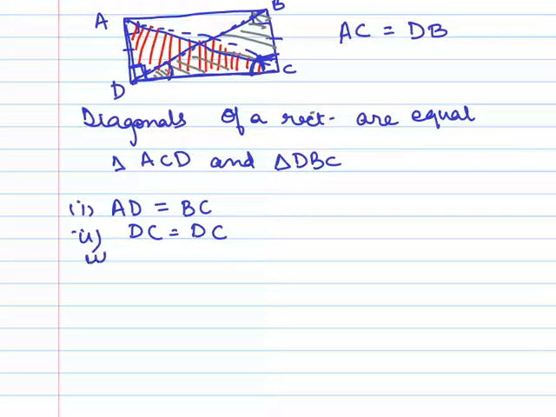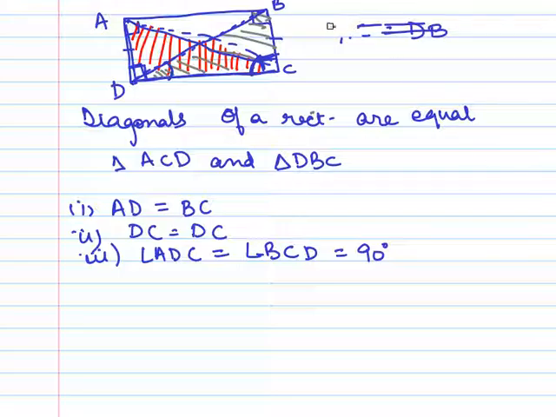So the third thing we will write over here is that angle ADC is equal to angle BCD is equal to 90 degrees. With these three conditions, we can say CAD, DC and the angle including these two sides, this angle and this angle.